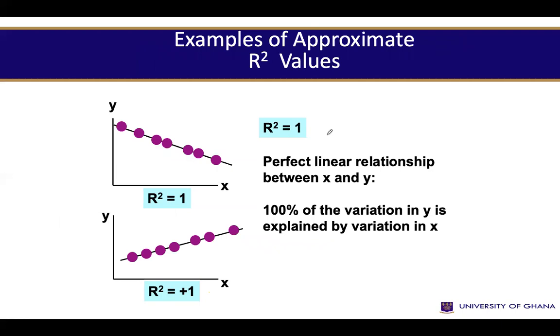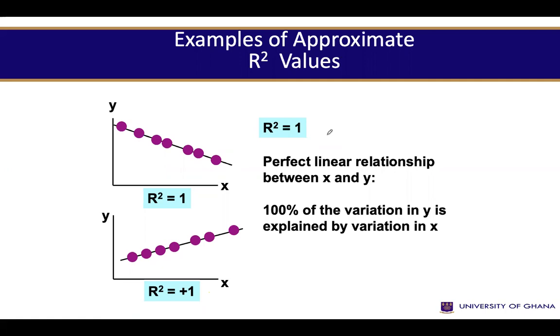These are some examples of R squared. If the relationship is a perfect linear relationship, then your R squared is 1. The R squared ranges between 0 and 1. The bigger it is, the stronger the relationship and the more fitting the model is.